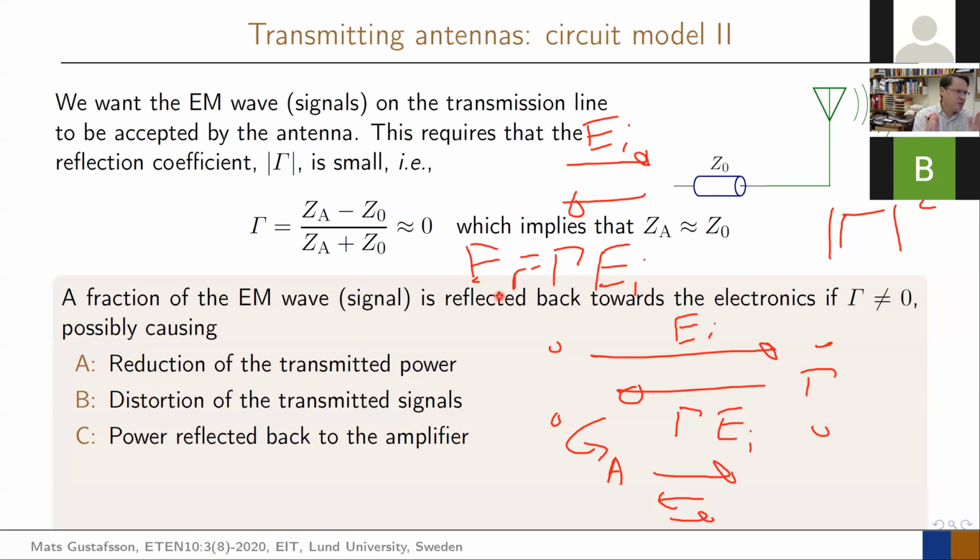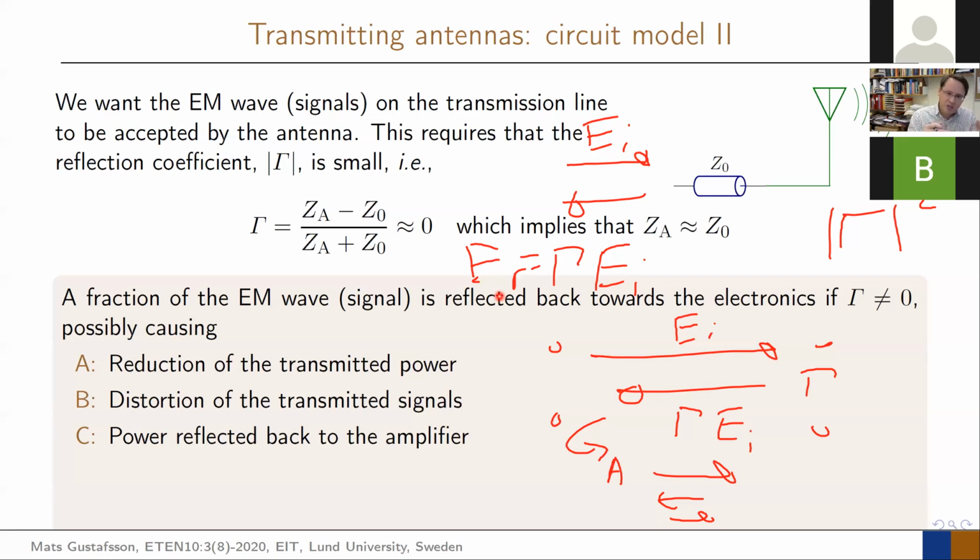And then it takes a certain time to move from the antenna to the amplifier. Not a lot of time, because the signal is very, very fast. But it takes some time, which means that the reflected back and the reflected out again will be a slightly time-delayed version of the first signal.